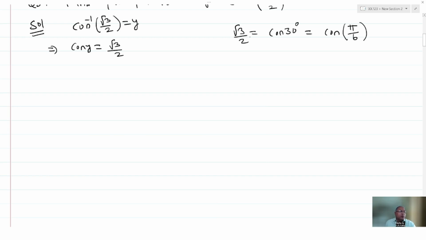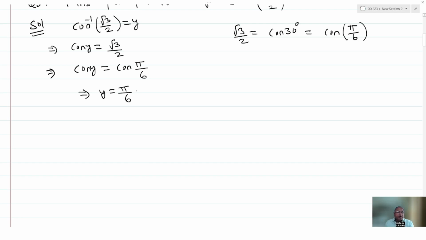So cos pi upon 6 equals root 3 upon 2, which implies cos y equals cos pi upon 6. Comparing both sides, y equals pi upon 6.